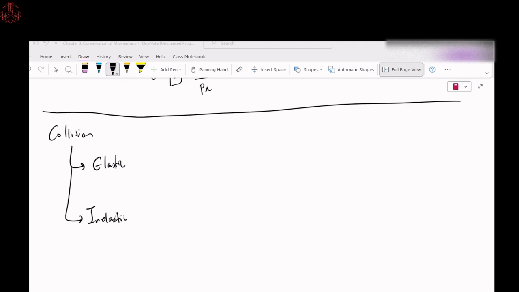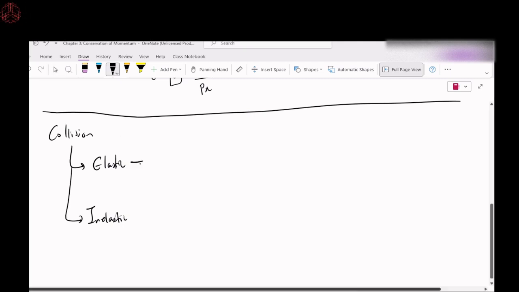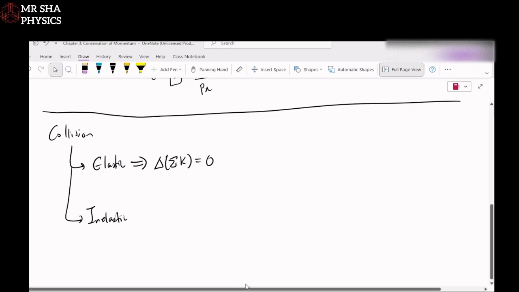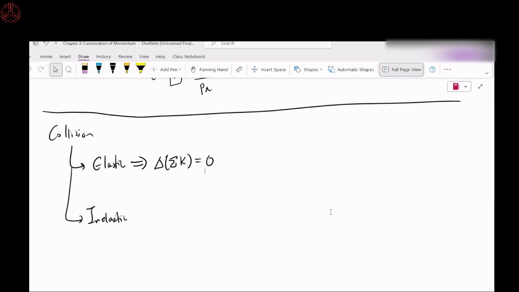For elastic collisions, kinetic energy is conserved, so there is no loss in energy. All of the kinetic energy remains as kinetic energy.